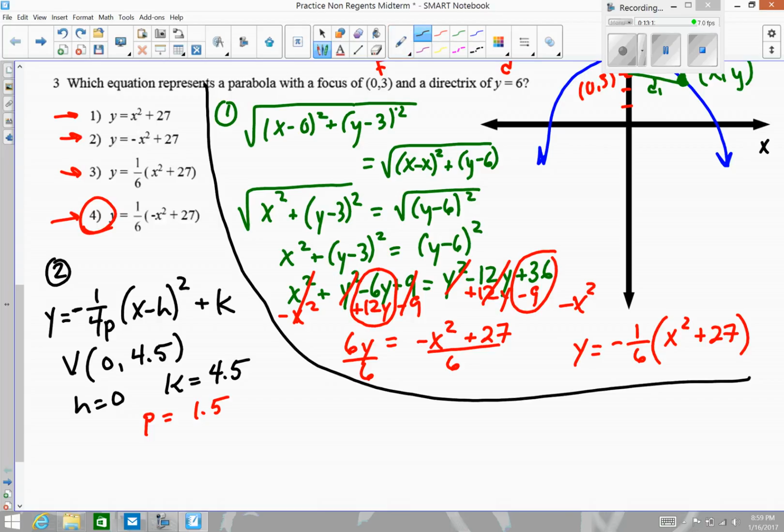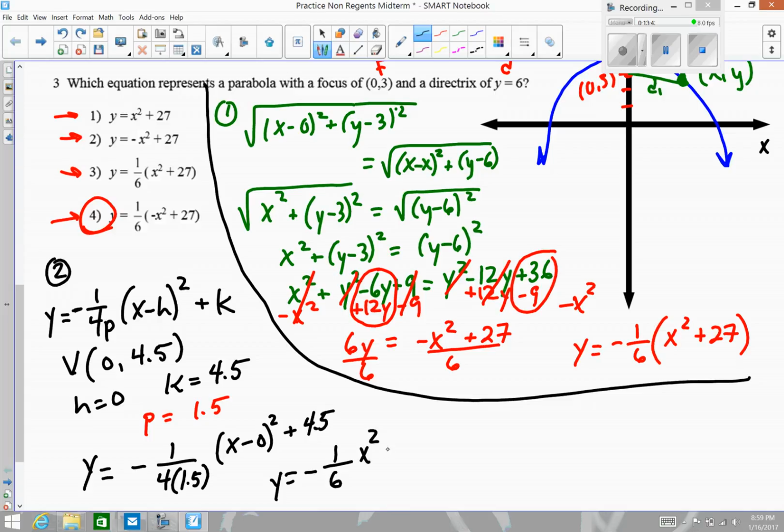And I would use y equals negative 1 over 4 times p, which is 1.5, times the quantity x minus h is 0, and k is 4.5. Cleaning that up, I get y equals negative 1 over 6 times the quantity x squared plus 4.5.